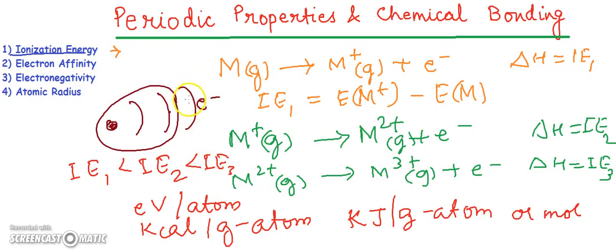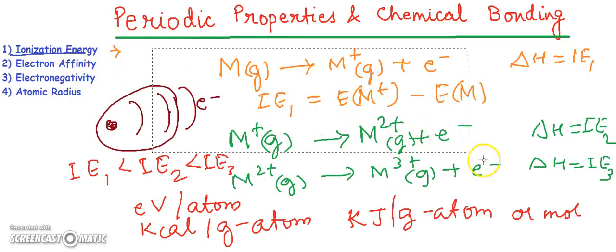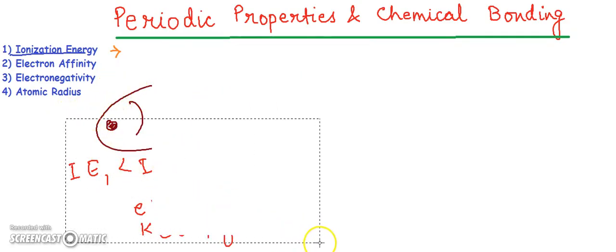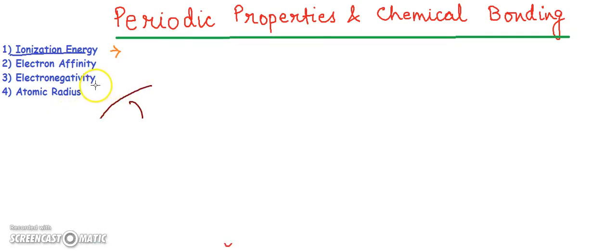So how will you derive the ionization energy? The ionization energy can be derived from the Born-Haber cycle. And in what other ways can you get the ionization energy?